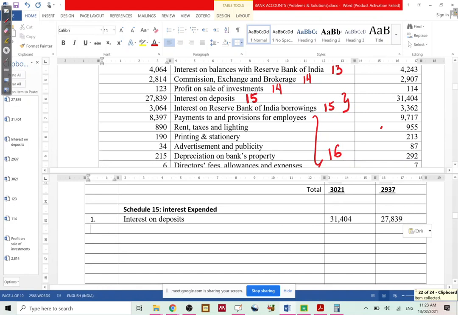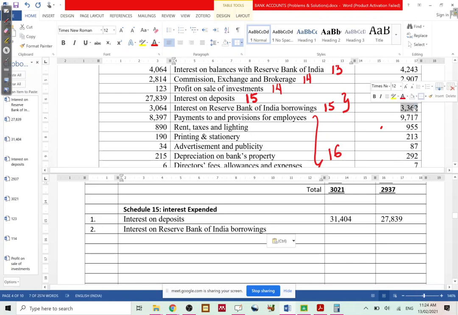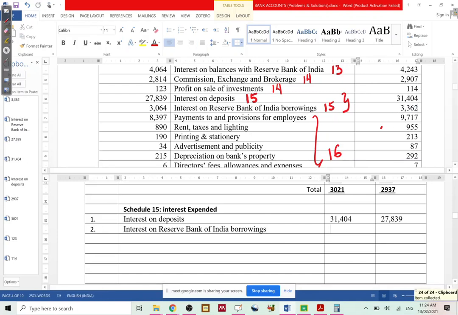Right, then what else do we have under interest expended? You have interest on Reserve Bank of India borrowings. Put that here. Current year 3,362. Previous year 3,064. Okay, done.